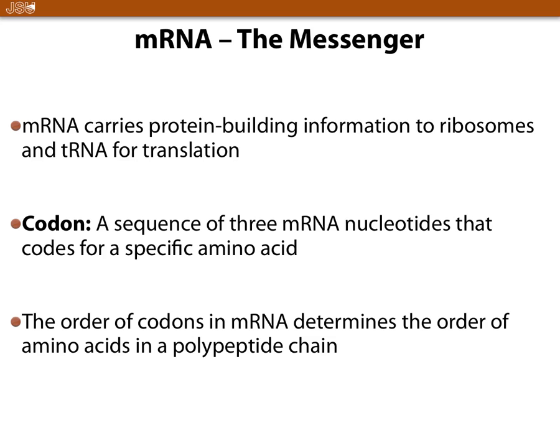Now we're going to hit on the idea of the codon. Okay. This is the core principle of translation. Translation is going from mRNA to protein. Okay. A codon is 3 nucleotides on an mRNA strand that code for a specific amino acid.